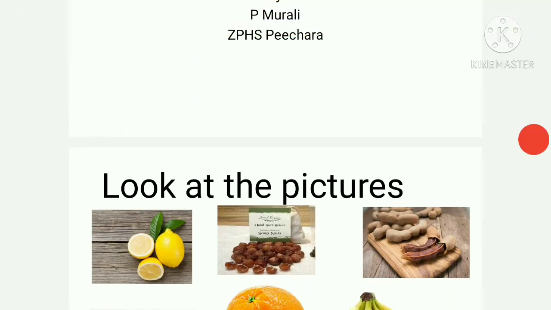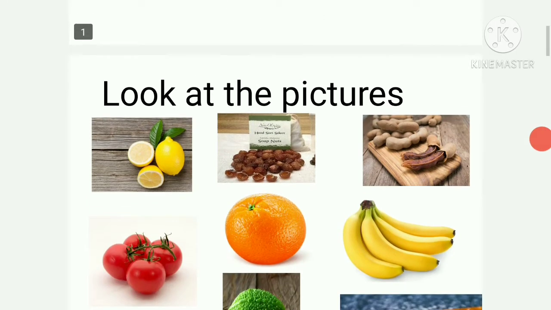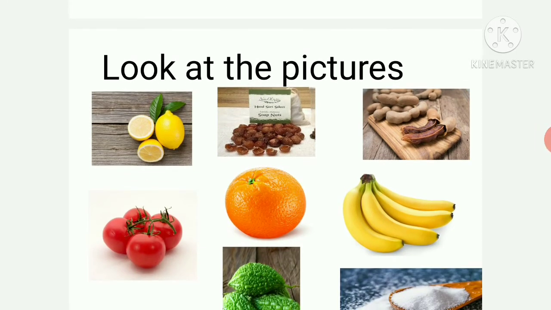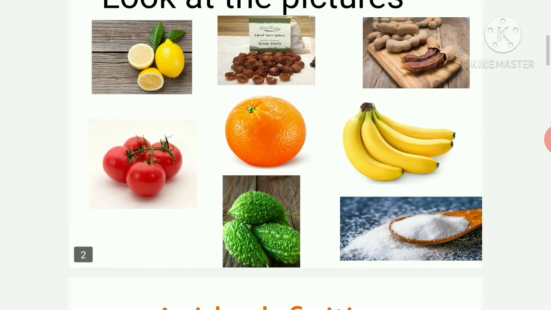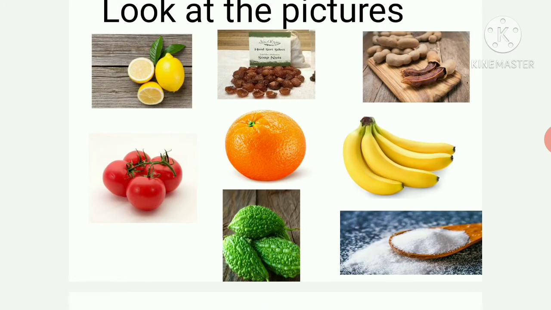Children, look at the pictures. In these pictures, we see vegetables, fruits, and other substances. In these pictures, what are vegetables? Tell me.